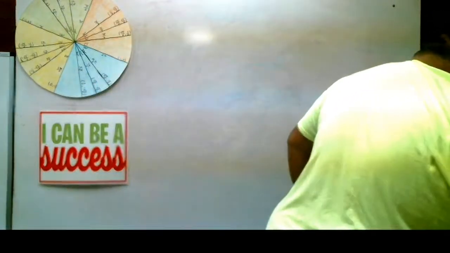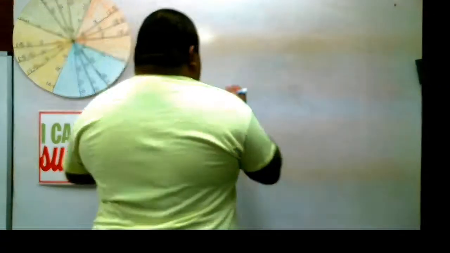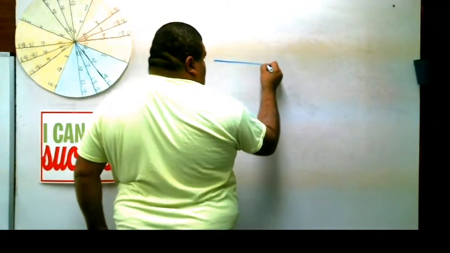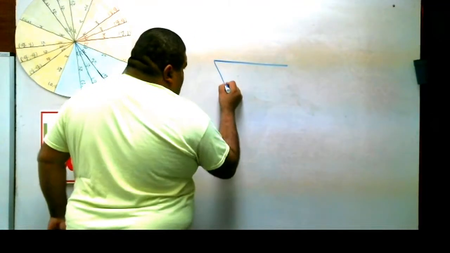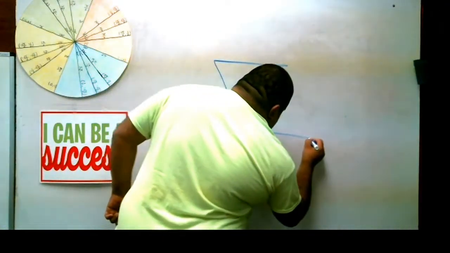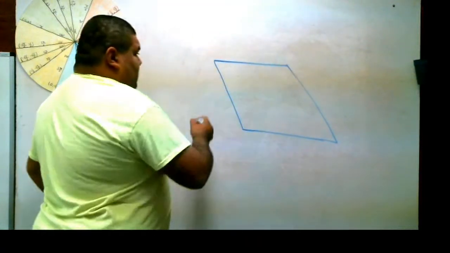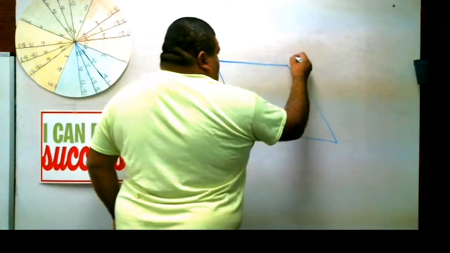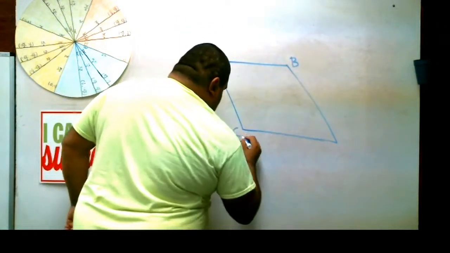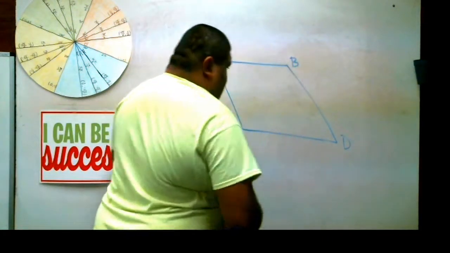We know that if we have another parallelogram, and this other parallelogram, again we have A, B, C, and D, okay?